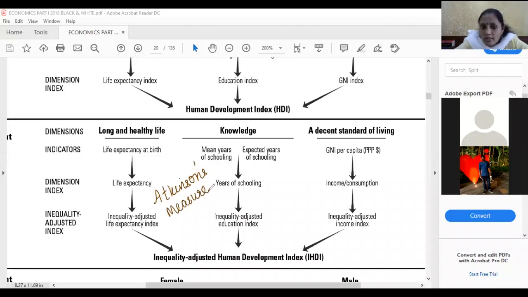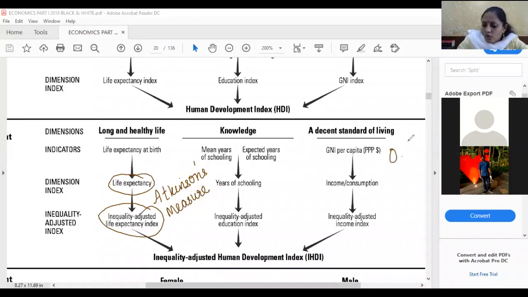There is a measure called Atkinson's measure. This is what is used to adjust the life expectancy for the inequality. What is the inequality? We have higher life expectancy at birth in some parts of the country, lower life expectancy in other parts, higher levels of knowledge in some parts, lower levels of knowledge in other parts, and similarly for the income level. Let me tell you an example.